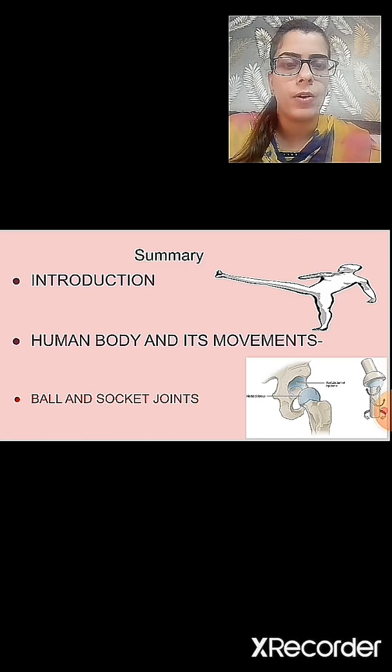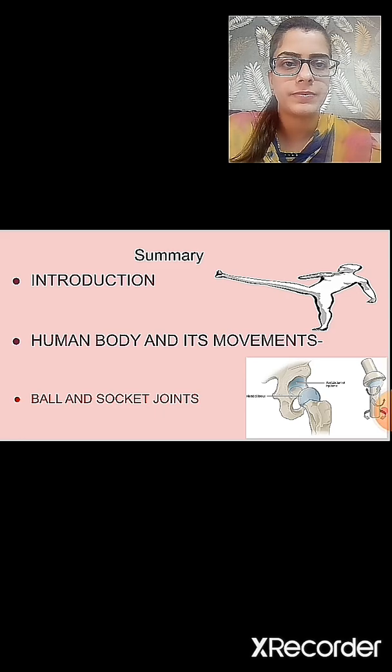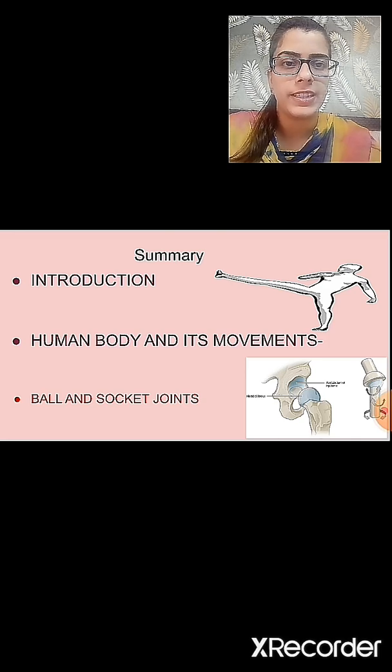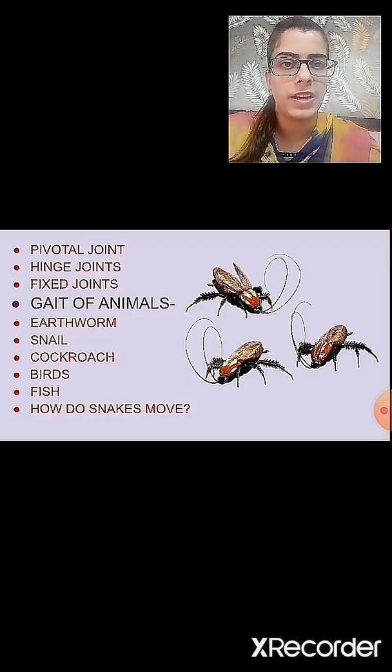So, what different topics have we studied in this chapter? First, we have seen the introduction to this chapter. Then we have studied about human body and its movement. The different joints that are present in our body, like ball and socket joint, pivotal joint, hinge joint and fixed joint.